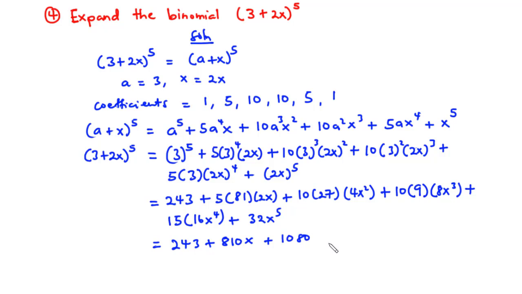So 1080 times x squared plus 10 times 9 times 8 is 720. 720x cubed plus 15 times 16 is 240. So 240x to the power 4 plus 32x to the power 5. So this is the expansion of 3 plus 2x raised to the power 5.